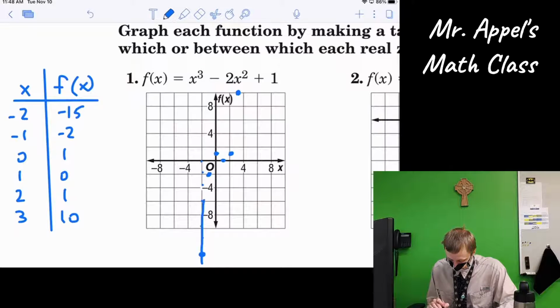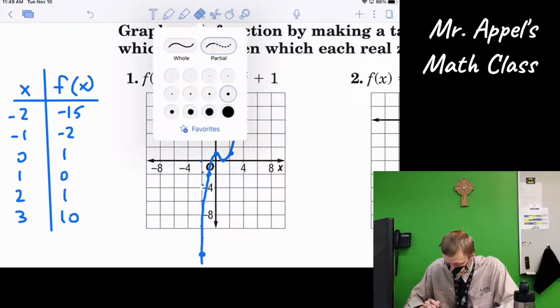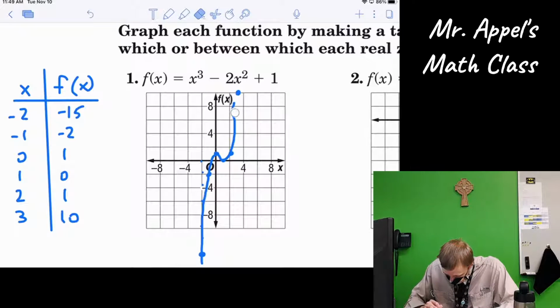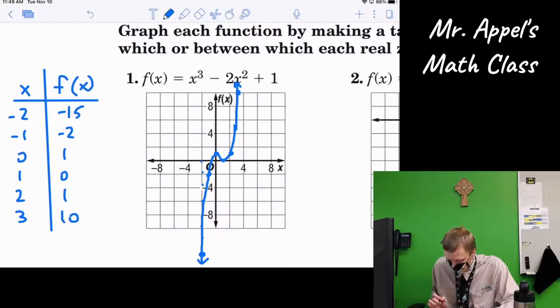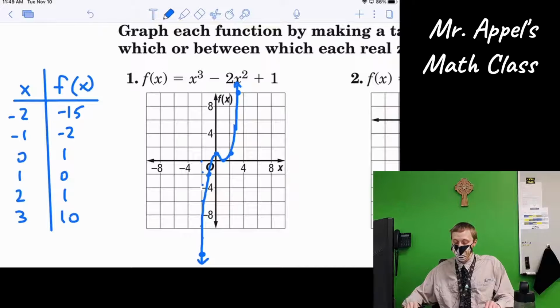And now we just go for a nice smooth curve down, up, down. Oh, I ruined it right at the end there. Hang on, let me use the partial eraser here. And just continue that guy on there, put a little arrow tips. And yes, there you go. Connect the dots just like that.